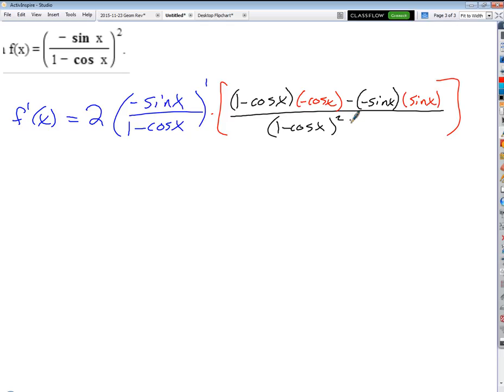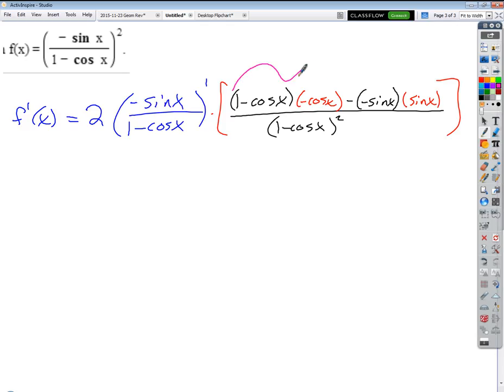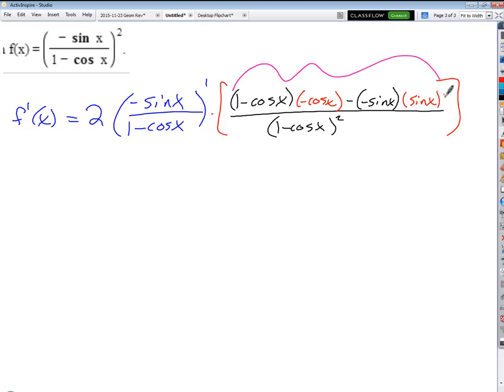And so really all we've got to do then is simplify a couple of steps, and then multiply straight across.